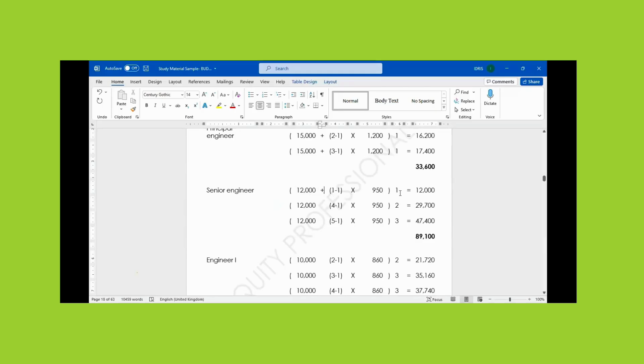At the end of the day, we are going to get 12,000. That is for the one that was just appointed.